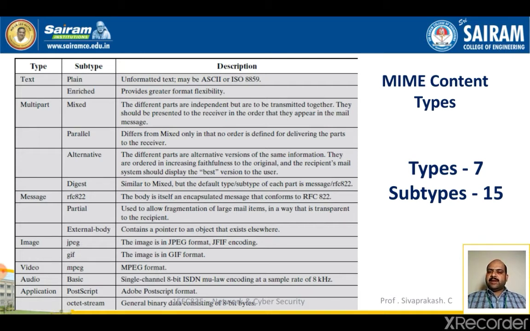The third one is message external body. The external body subtype indicates that the actual data to be conveyed in this message are not contained in the body. Instead, the body contains the information needed to access the data. As with the other message types, the message external body subtype has an outer header and an encapsulated message with its own header.